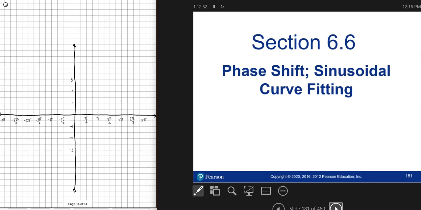So we're going to talk about phase shift and curve fitting. We're going to look at how, when we're given data points, we model those data points. We're going to fit the sine function to the graph.